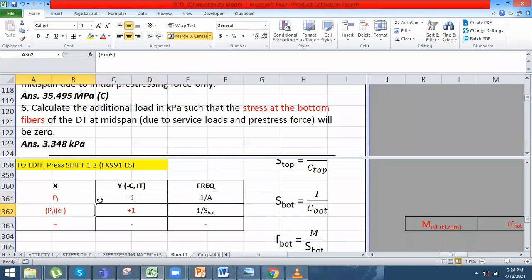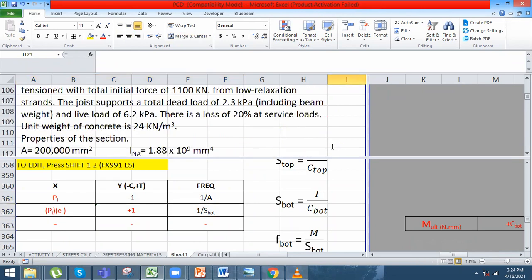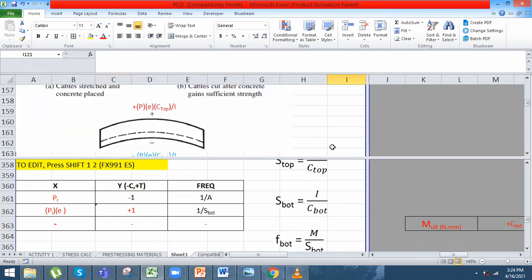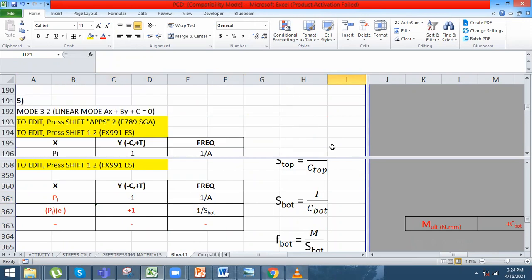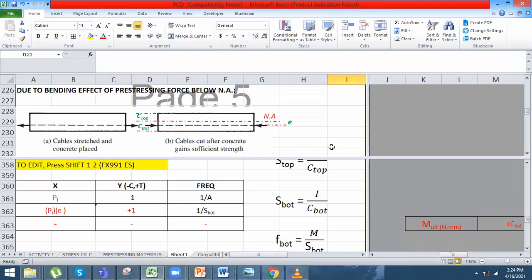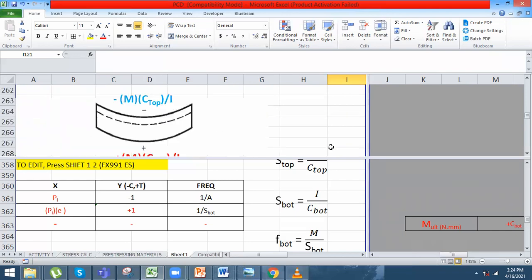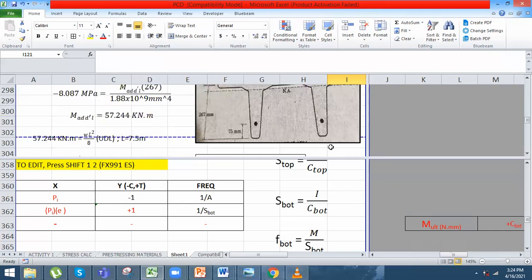So, P initial, minus 1. That is for negative 1, due to axial effect. Then, 1 over by the area. Next one is due to bending effect of the pre-stressing force. Since the pre-stressing force is located at, saan siya located, guys? Located daw siya sa, ayan.